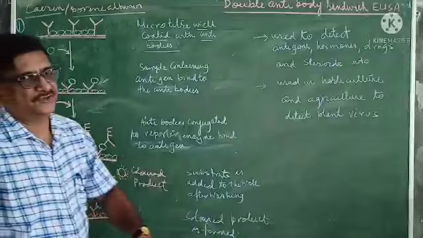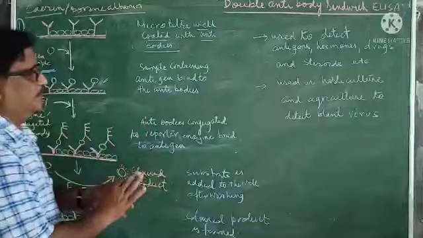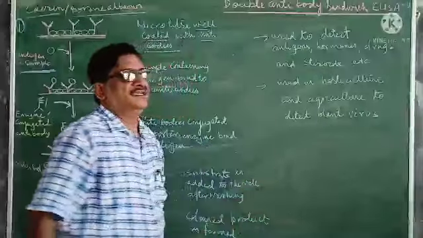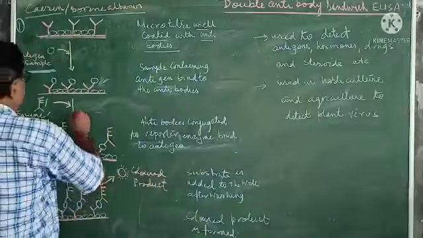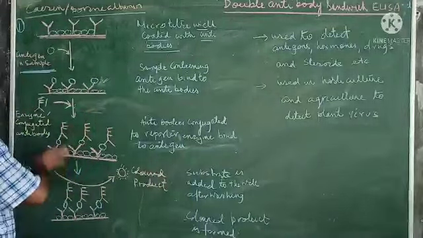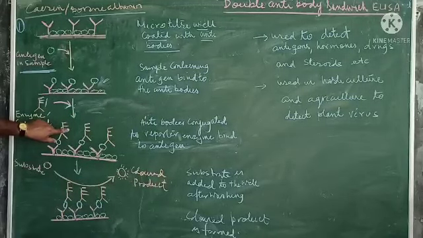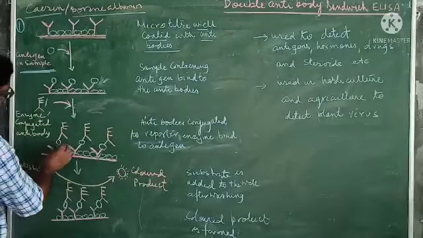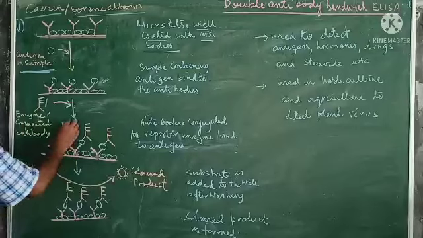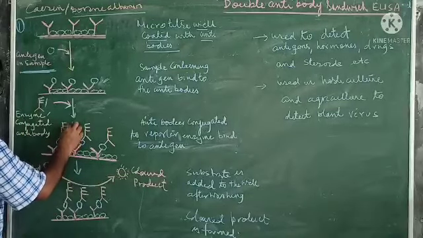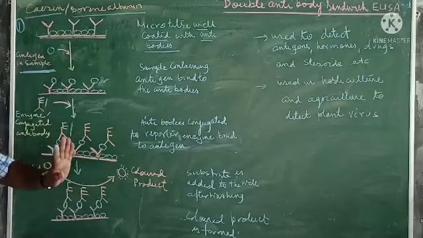After the addition of the conjugated antibody, the whole plate is again incubated for some specific period of time. By that time, the antibodies conjugated to the enzyme get attached to the antigen, and only those antibodies which are bound to the antigen are required.